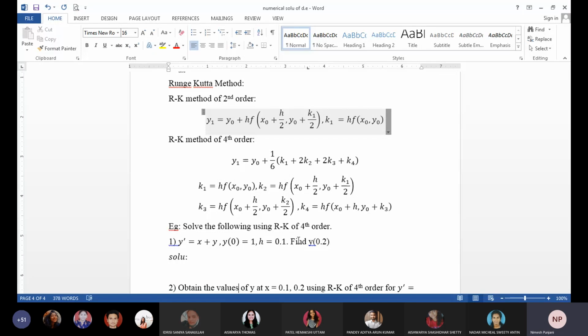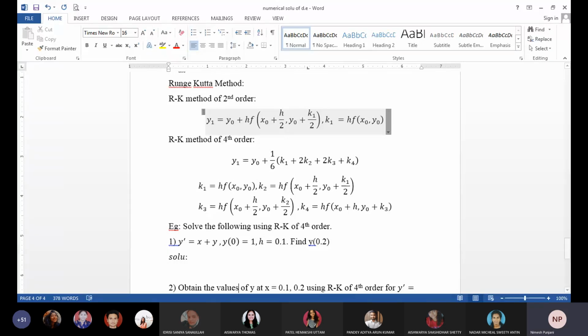K1 is h f of x0 comma y0, k2 is h f of x0 plus h by 2, y0 plus k1 by 2, k3 is h f of x0 plus h by 2, y0 plus k2 by 2, k4 is h into f of x0 plus h comma y0 plus k3. So this is the formula.